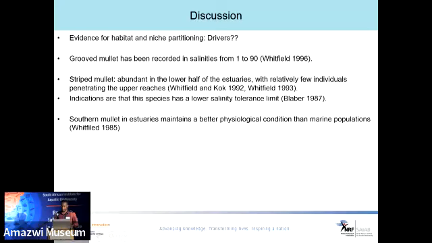The grooved mullet and the southern mullet have a wide range of salinity tolerance, which could be why we find them in most parts of the estuary, but the striped mullet is limited to the lower parts of the estuary. Other studies have also confirmed that they use mostly the lower part of the estuary, and they do not have a wide range of salinity tolerance. So that could be the case.